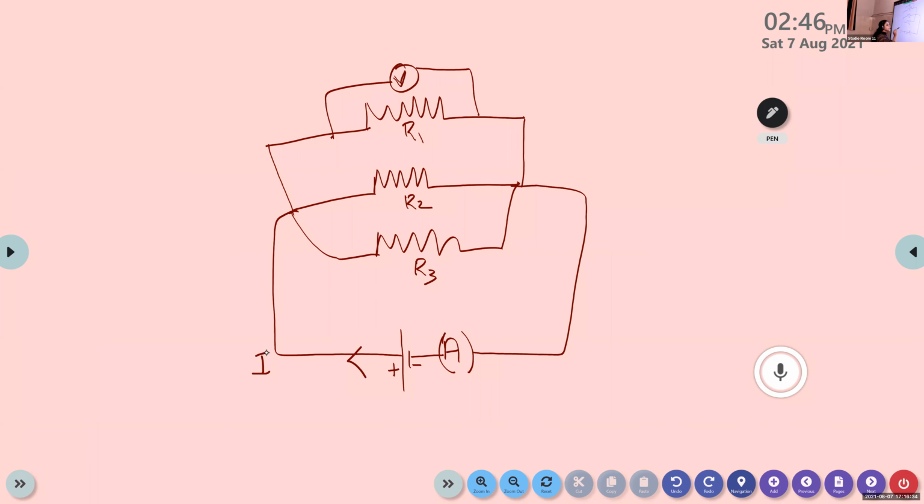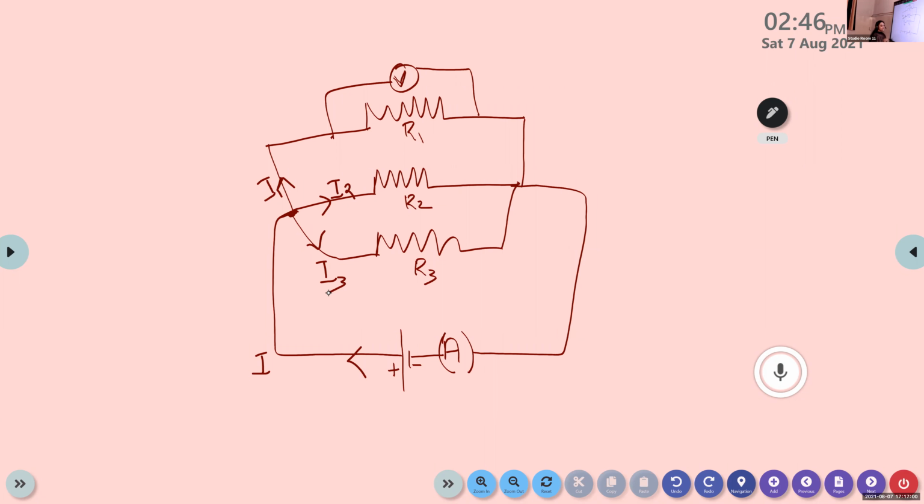When the current reaches this point, it gets divided, as there are three different paths. I1 flows through this path, I2 through this path, and I3 through this path. The flow of current is exactly similar to the flow of water.